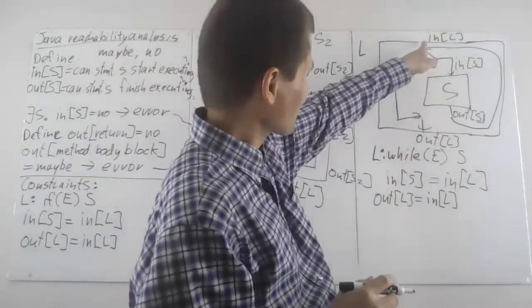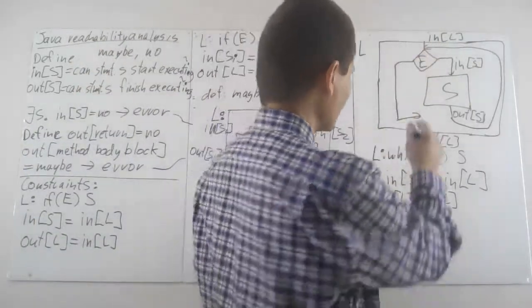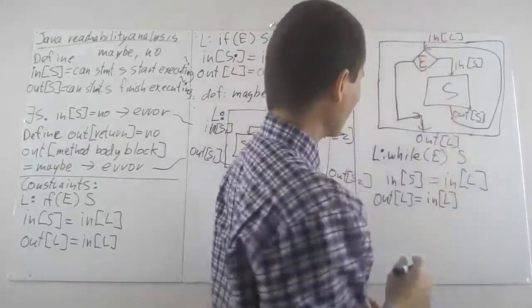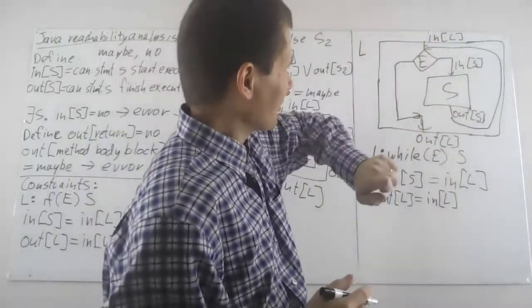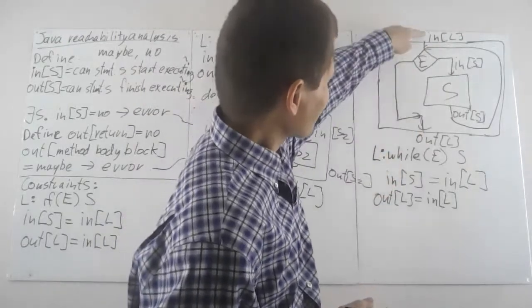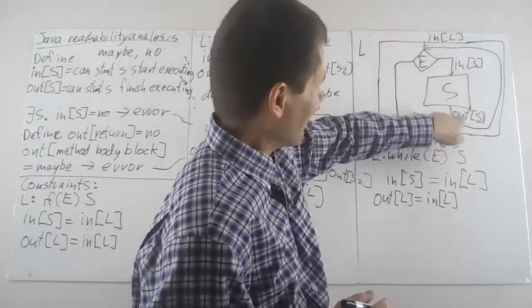And so the place where things merge is not down here, but actually up here. However, the control flow merge still merges in of L and out of S.